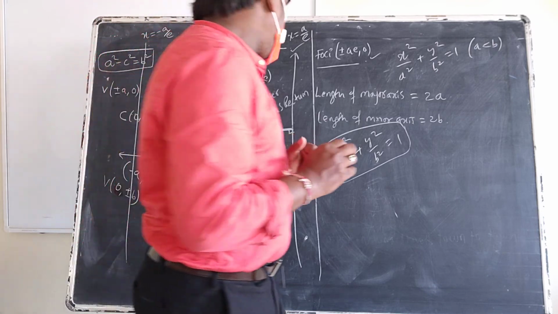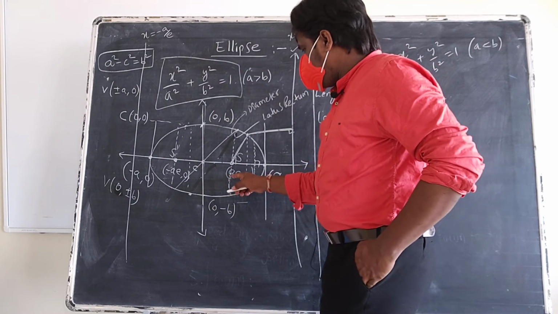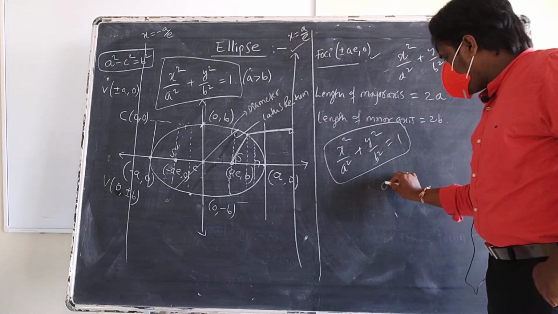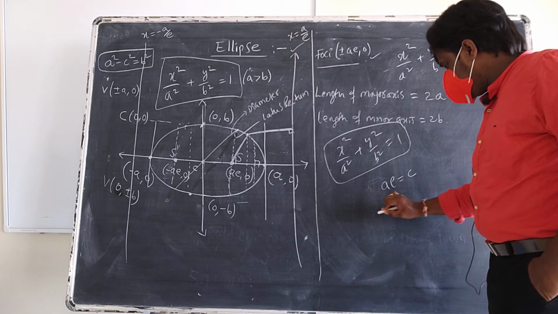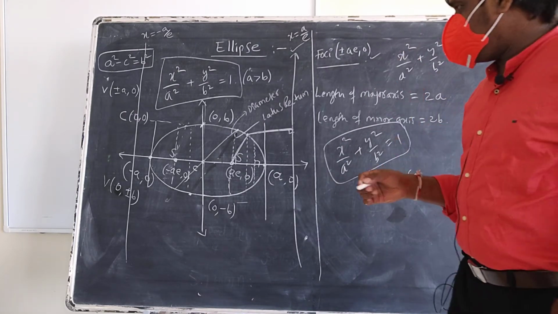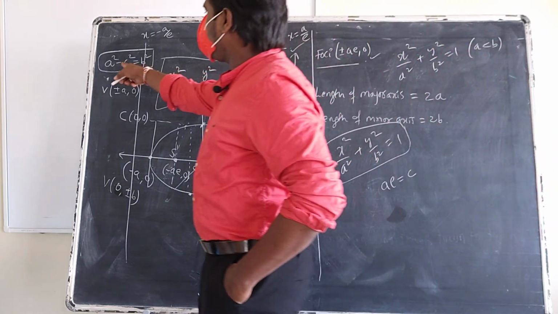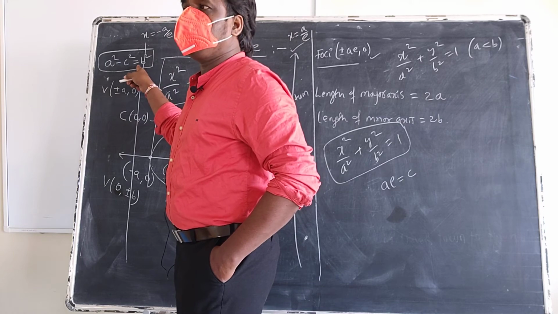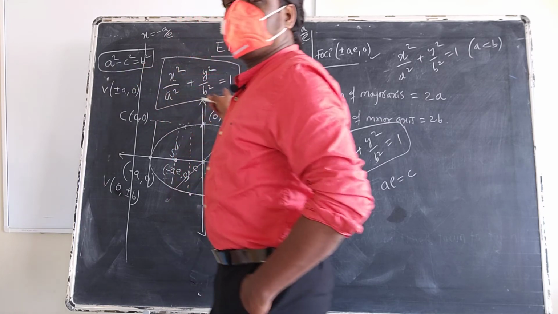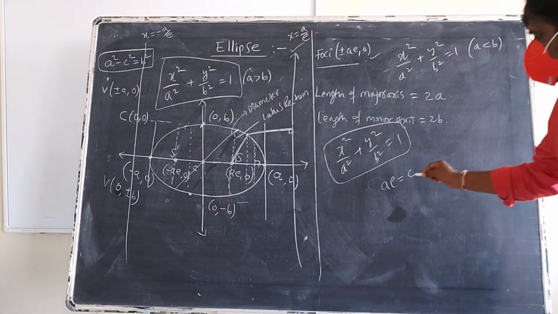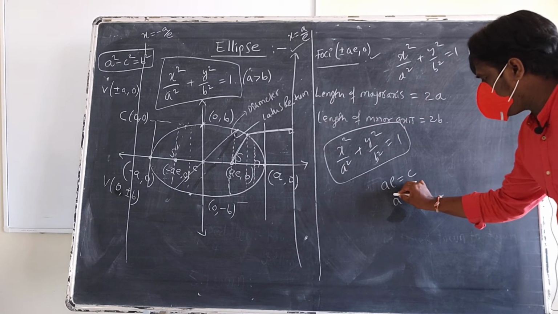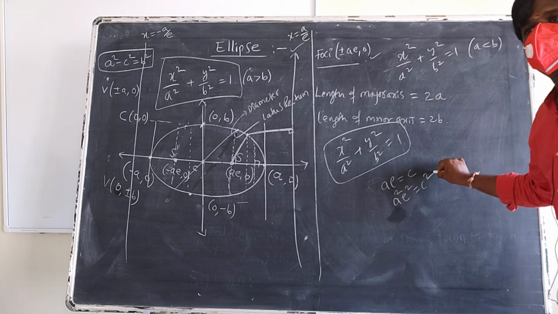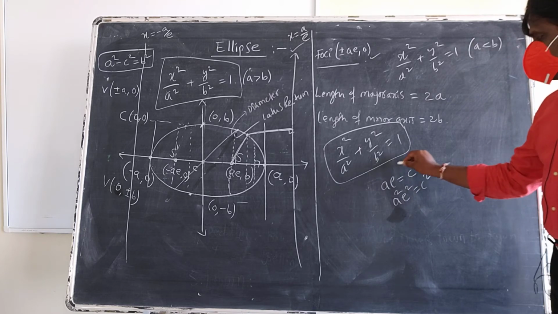Now what I want to say here, you know that ae, actually we had taken c at first. So ae is equal to c, we got. And in that relation I explained to you, a square minus c square is equal to what? b square. It means that ae, if I do squaring, a square e square is equal to c square on both sides.